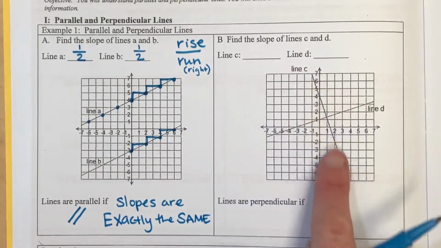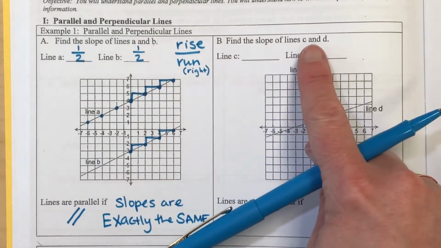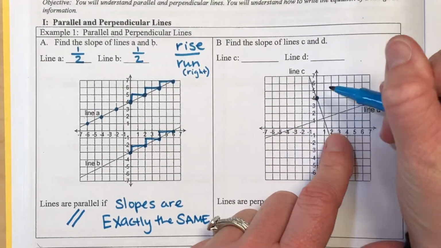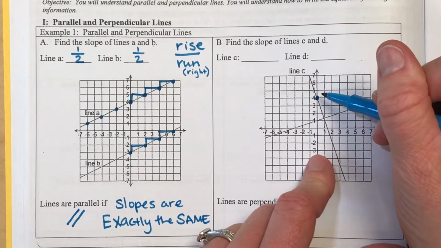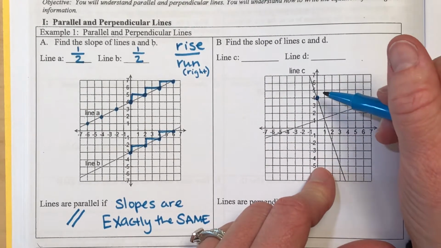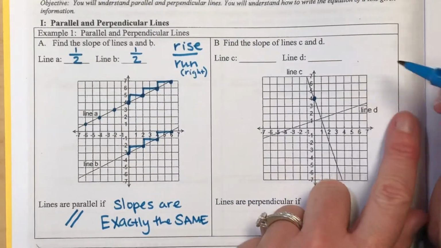Now in this picture over here, for graph B, find the slope of the lines C and D. In line C, I'm going to start at my y-intercept, and I'm going to see how far down and how far to the right it is going.